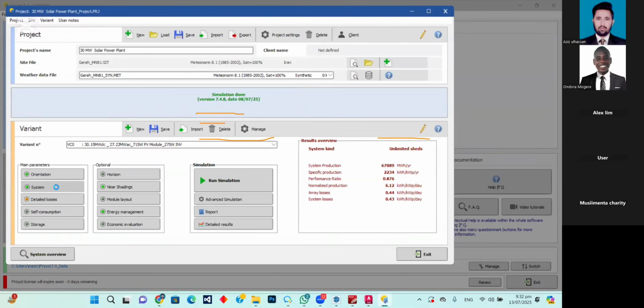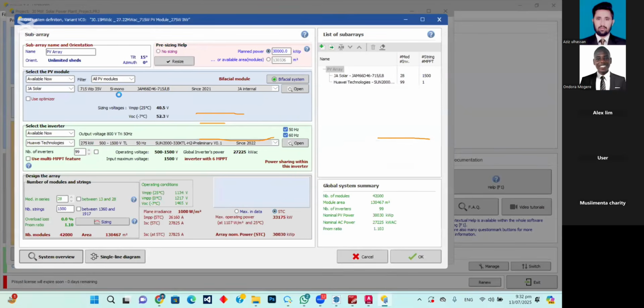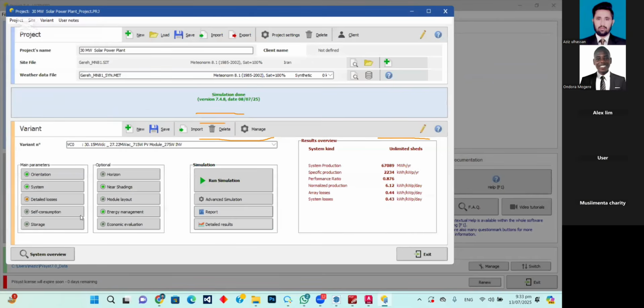And then on the next slide, we give the system, like which manufacturer we are using for the PV module, what capacity we need to achieve, and what type of PV module in wattage size. And then we will set up the inverters, and then we will see the string sizing and number of strings and all of that.